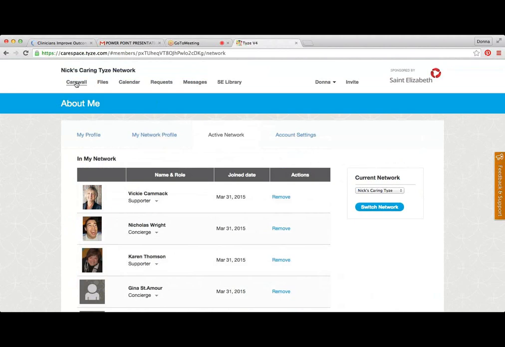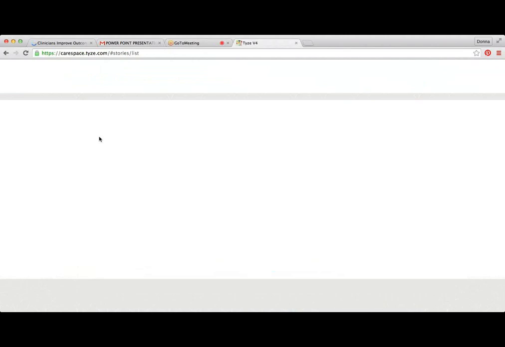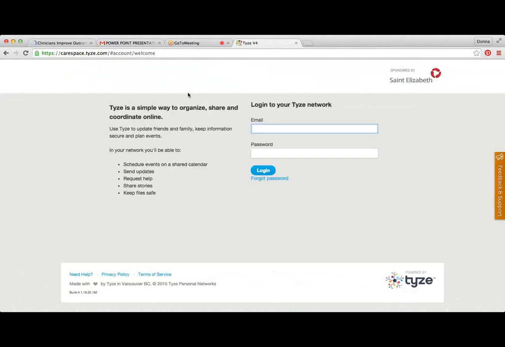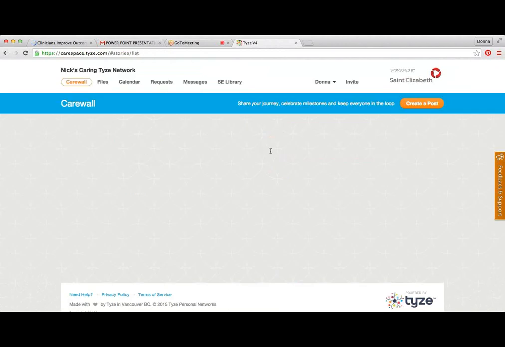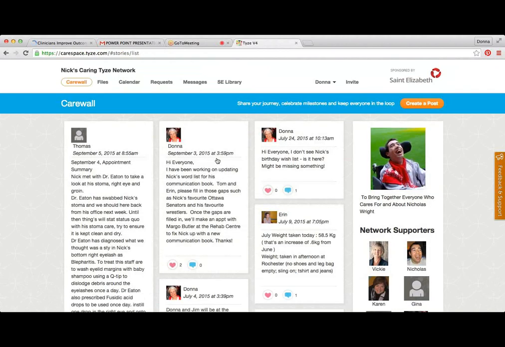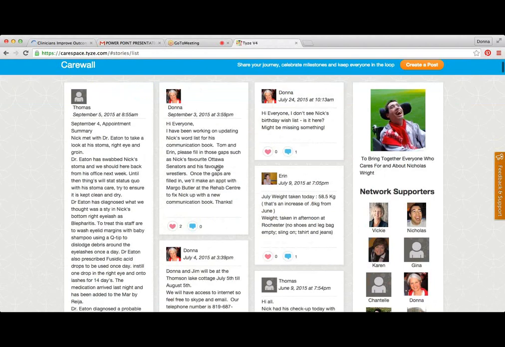So going back to the care wall, some of the information that would be shared there would be appointment summaries.